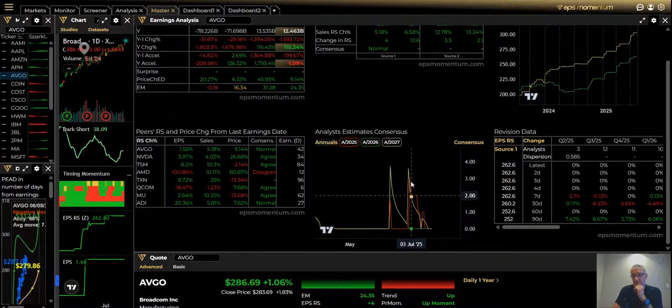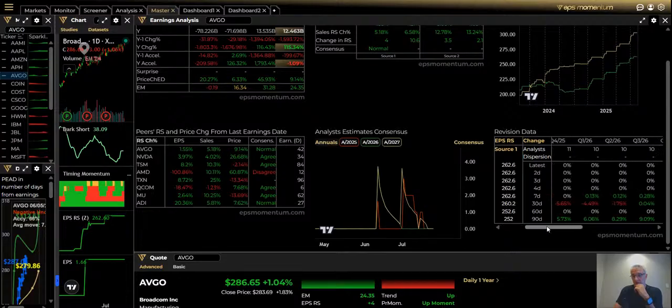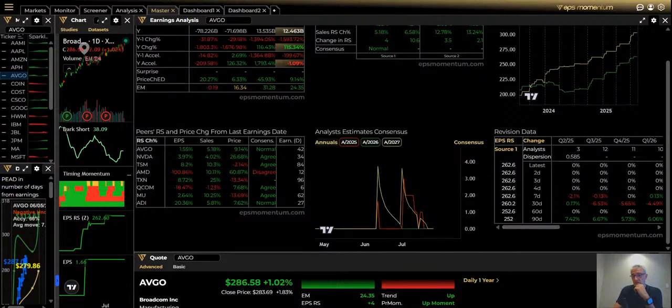So analysts go all the way to 3 or 4 standard deviations of disagreement. One analyst is producing an estimate of 1, the other one producing an estimate of 2.5. So they're far apart from each other. And you can see the dispersion on the chart here. So 0.585 for the quarter and for the year, if there is any.